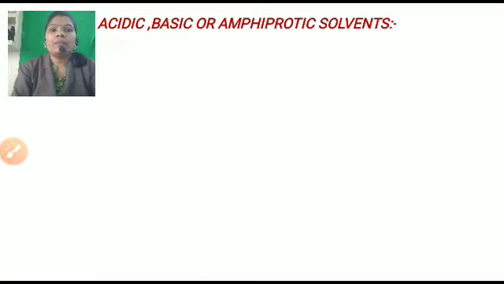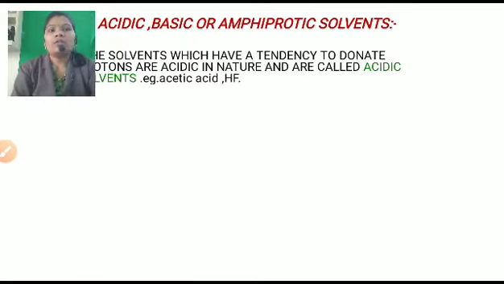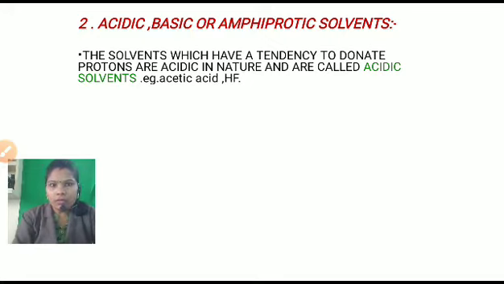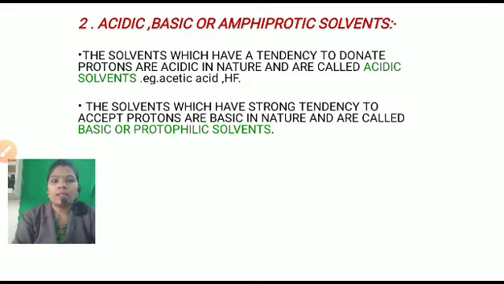Next type is the acidic, basic and amphoteric solvent. In the first, acidic solvent, the solvent which has the tendency to donate the proton is called an acidic solvent. Examples are acetic acid, HF, etc. Second, what is the basic solvent?